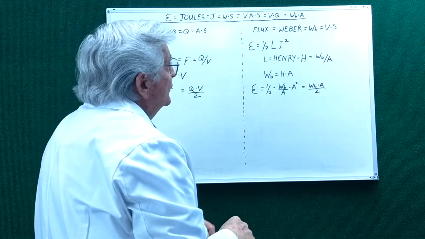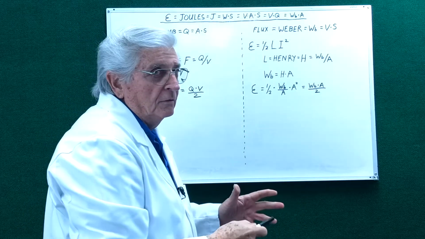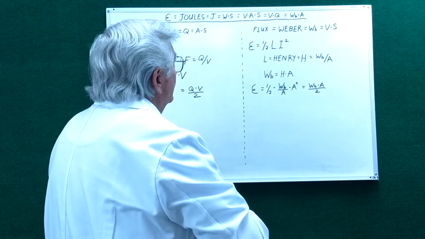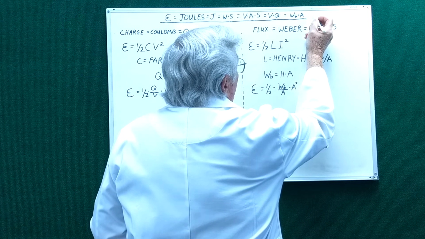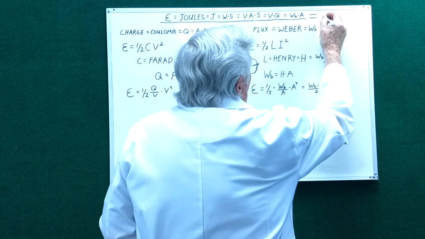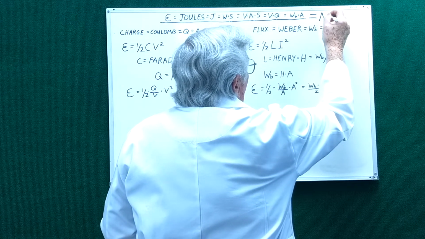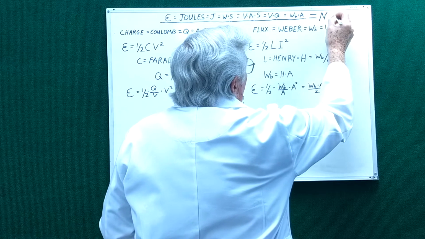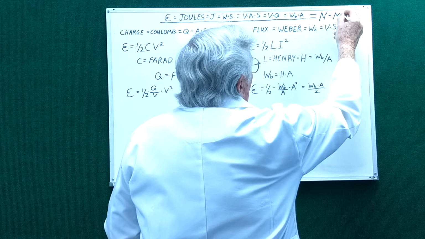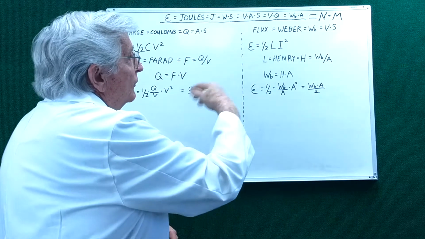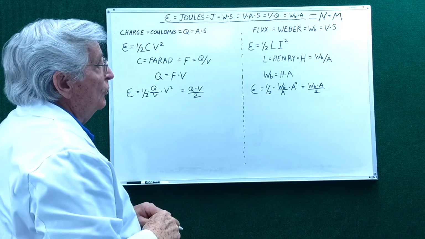And now we can also connect this to the mechanical world. Here we're basically in the electrical world, but a joule is also equal to the force of a newton operating through a distance of a meter. So a joule is also a newton meter.